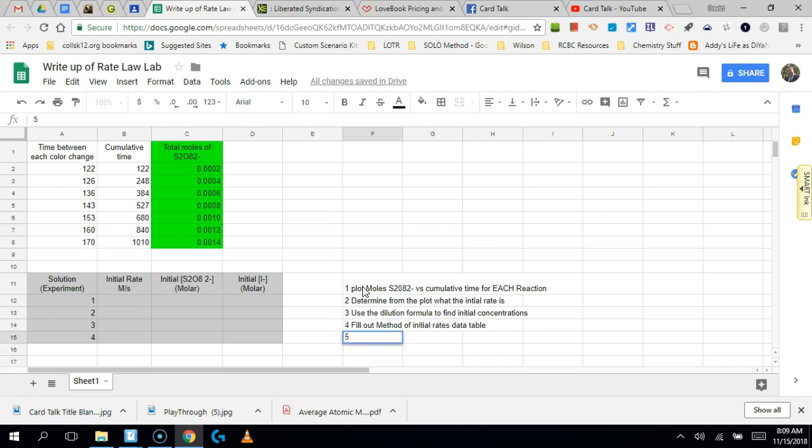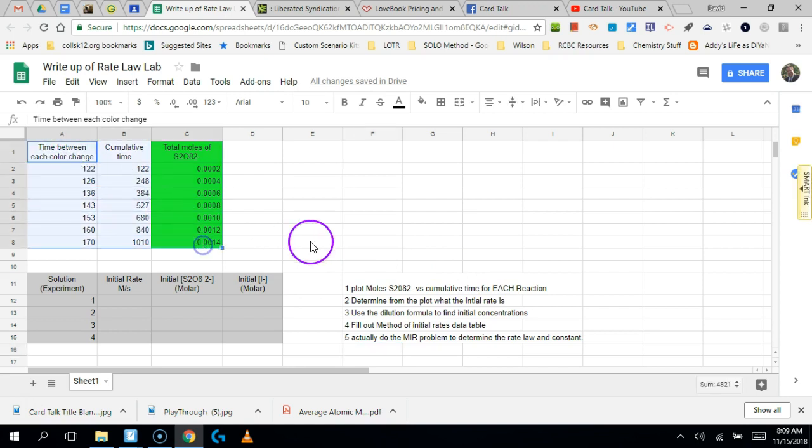The next is to fill out the method of initial rates data table, which is this thing right here. And the last step is to actually do a method of initial rates problem. Those are the 5 things that we are doing in the write-up to get to the actual answer that we want to report.